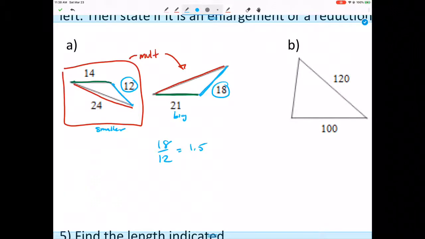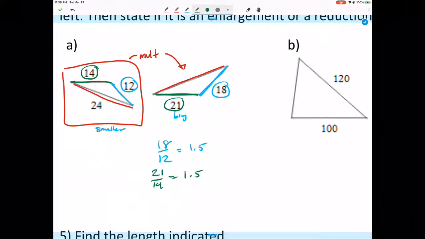To make sure we're doing it right, for the green we could do big divided by small, which would be 21 divided by 14, and that also gives us 1.5. So to get from the small triangle to the large triangle, the scale factor is 1.5. And this would be enlargement.